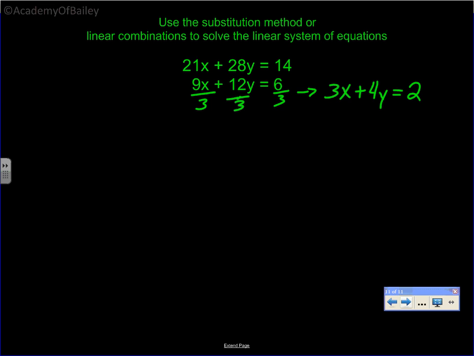But also look up here. I can divide everything up here by 7, right? 21 divided by 7, 28 divided by 7, and 14 divided by 7. So 21 divided by 7 is 3x, 28 divided by 7 is 4y, and 14 divided by 7 is 2.